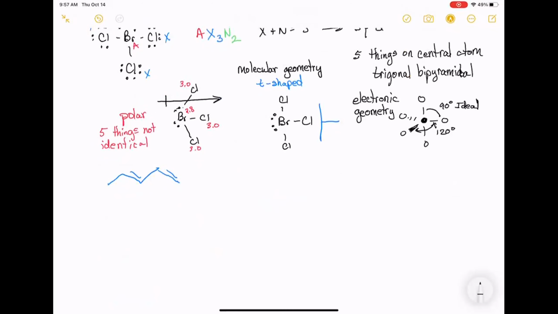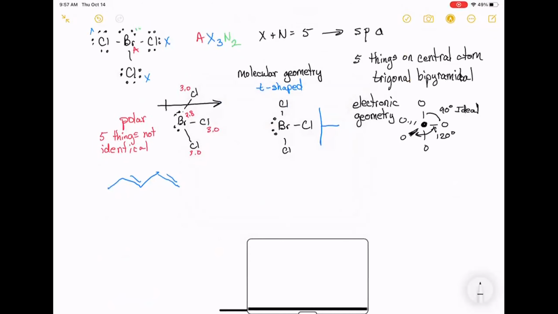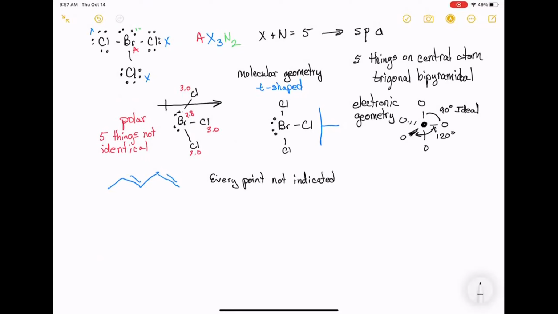So when you see these zigzag lines, the first thing you need to note is every point not indicated with an elemental symbol is a carbon.